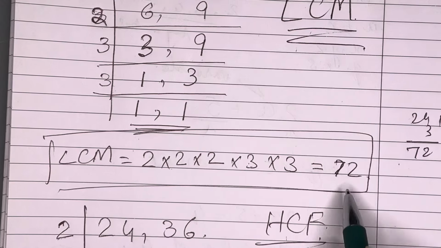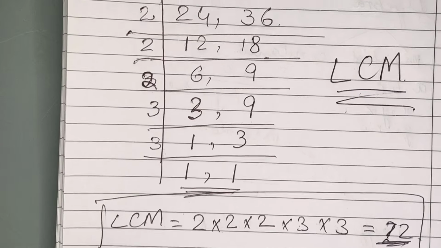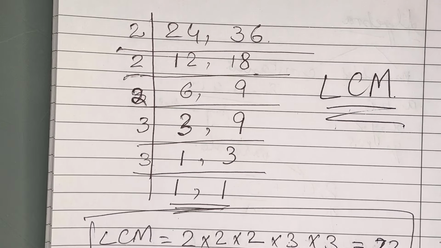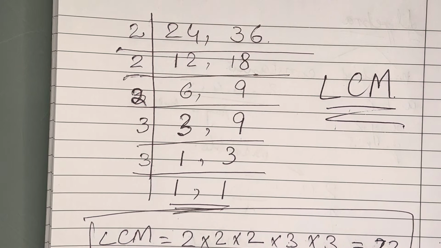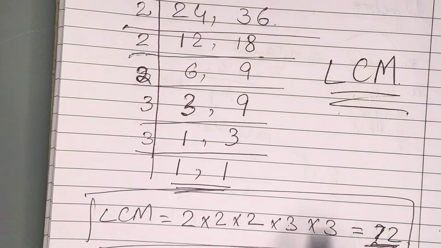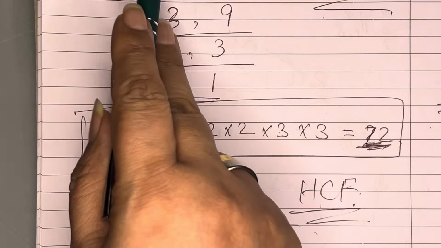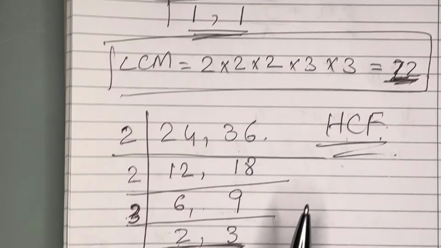Here it is important to know that LCM, or the least common multiple, is always greater than or equal to the individual numbers. In this case, we got the LCM of 24 and 36, which is 72, and 72 is greater than both 24 and 36, right?